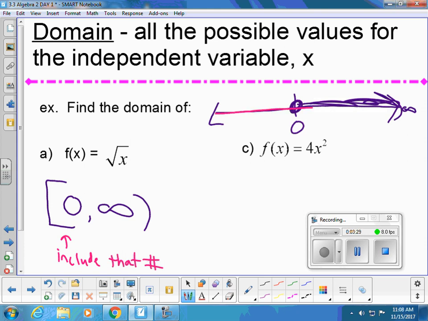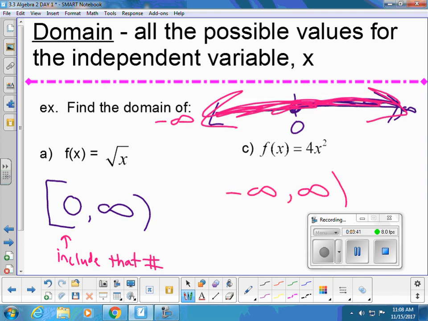This is what it would look like on the number line. I can put everybody in. What number lives way down here? So basically, I can put any number from negative infinity up through infinity in for x. So that's what the domain is. Negative infinity through infinity. So writing it like that basically means all real numbers.